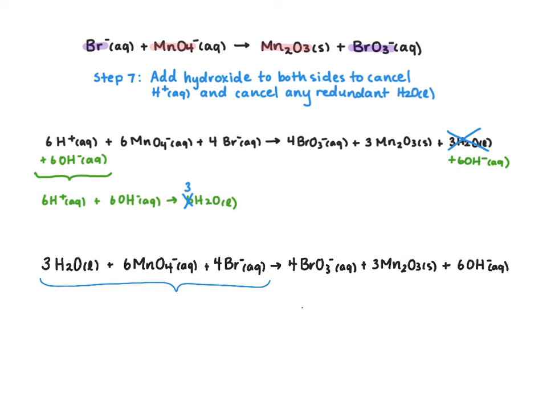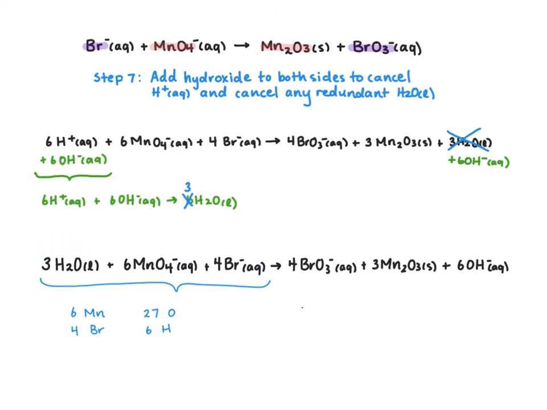So on our reactant side, we have 6 manganese from our permanganate. We have 4 bromide, or 4 bromine from the bromide ions. We have a total of 3 plus 24, so 27 oxygens. And a total of 6 hydrogens from the water molecules.